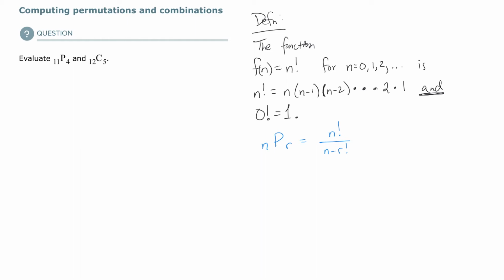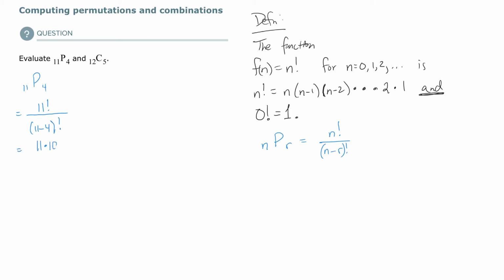For our specific case, we're going to do 11. Out of 11 items, we're going to permute 4 of them. That means we have 11 factorial over (11 minus 4) factorial. I forgot parentheses here, I apologize. 11 minus 4 factorial is 7 factorial.